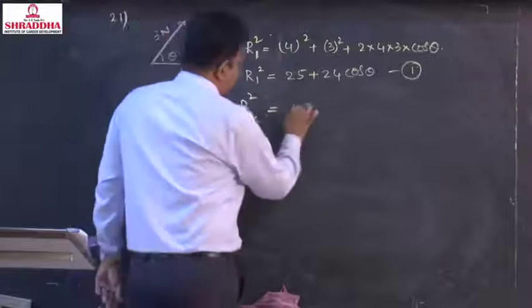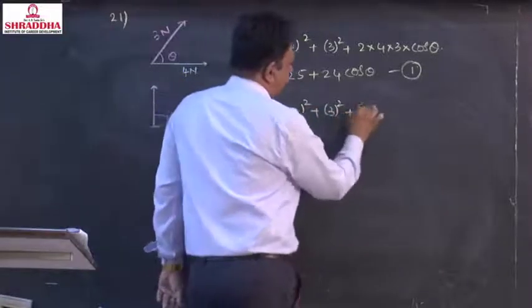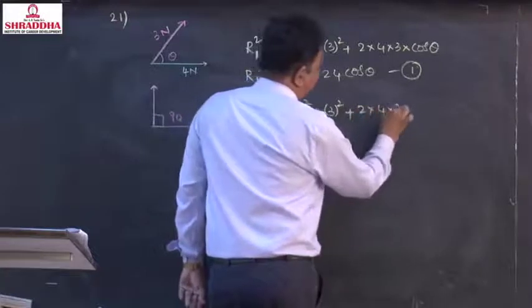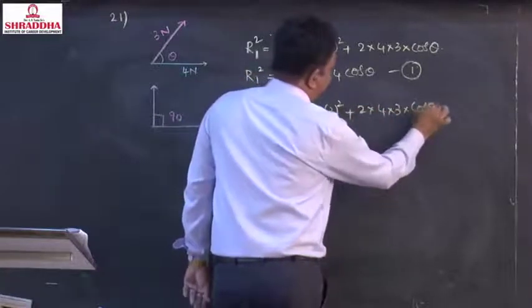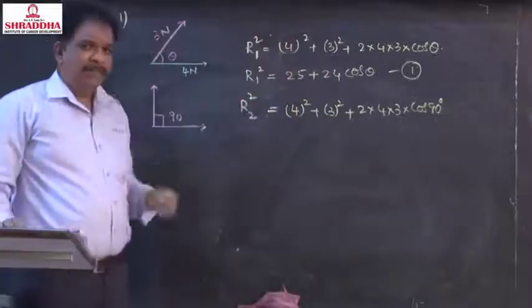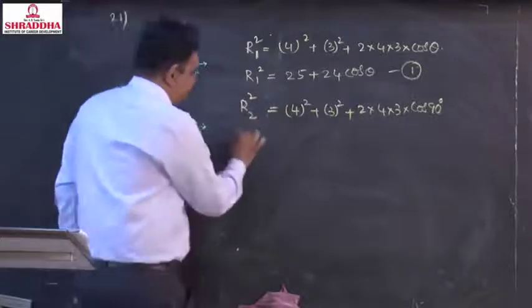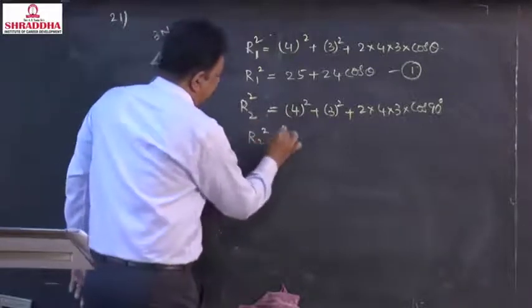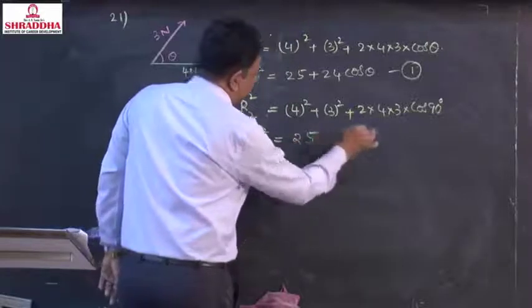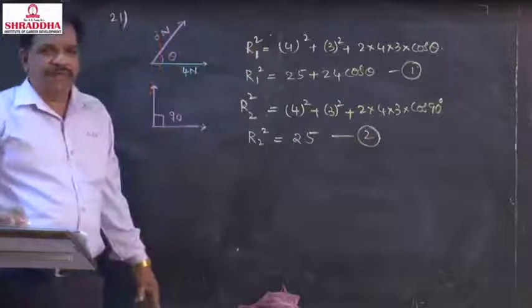Then what will happen? 4 square plus 3 square plus 2 into 4 into 3 into cos 90. Those are perpendicular to each other. Then how much will we get? R2 square is equal to 25, because cos 90 is 0.